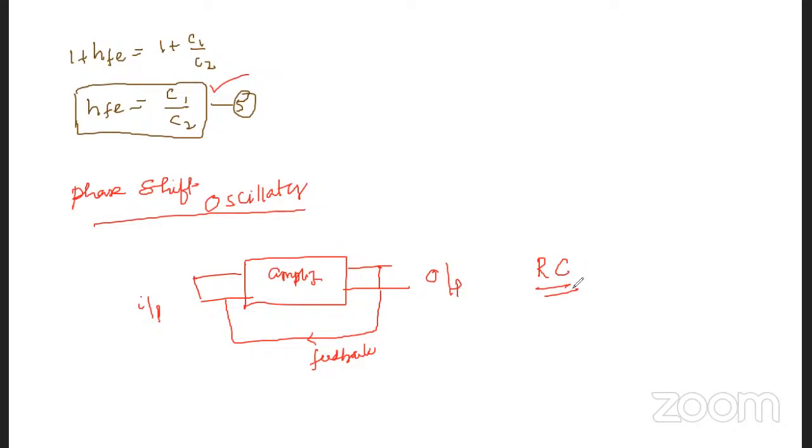Oscillators using this RC feedback network are called RC or phase shift oscillators. We call them RC oscillators. In the case of RC oscillators, we have two different types.